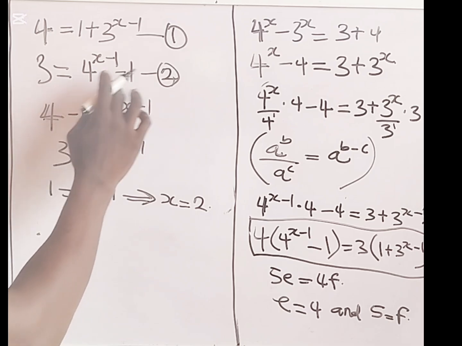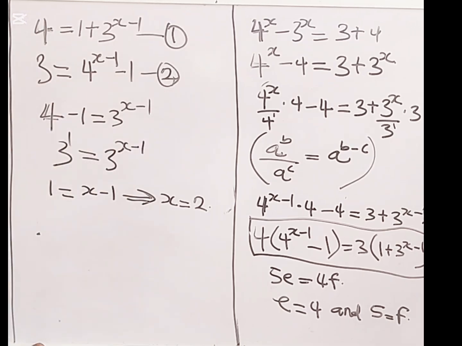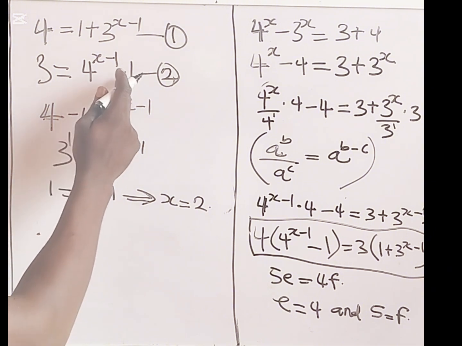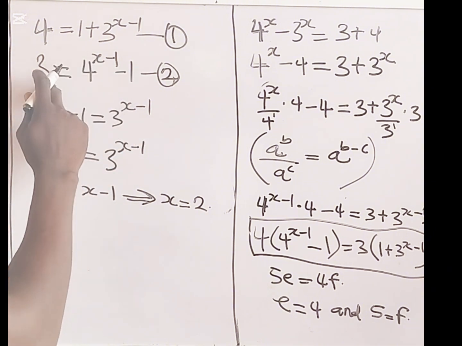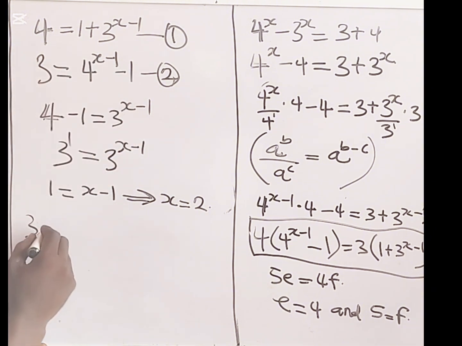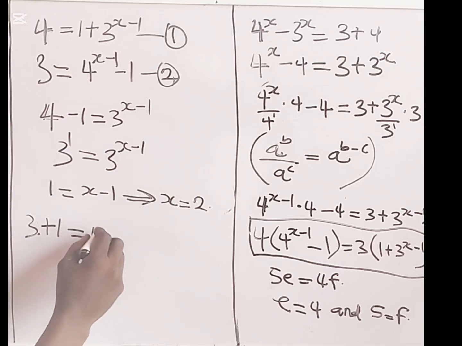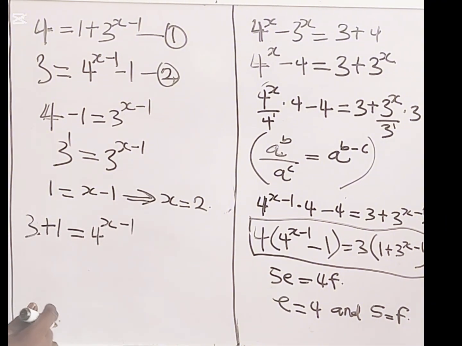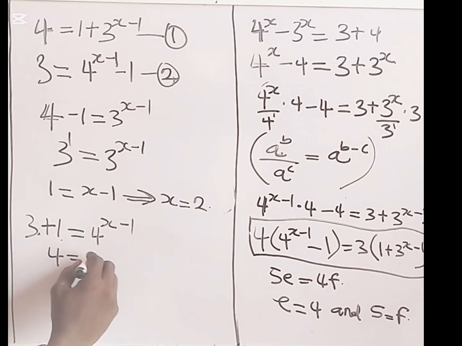If we apply it the same way to solve equation 2, we can move 1 from this part to this part. So we're going to get 3 plus 1. This is equal to 4 raised to the power of x minus 1. 3 plus 1 is 4. So 4 is equal to 4 raised to the power of x minus 1.